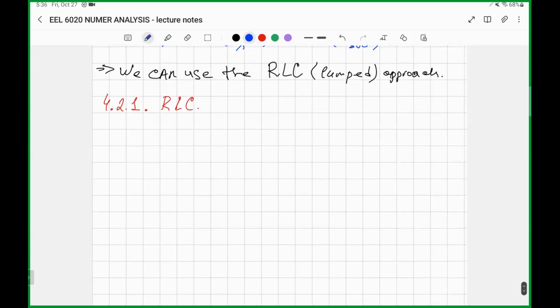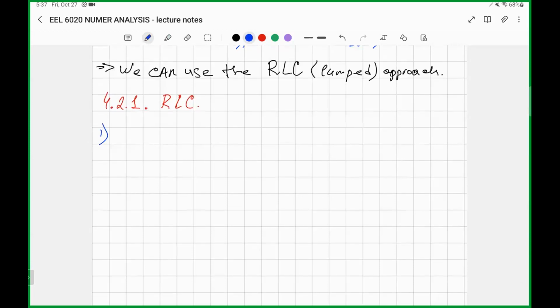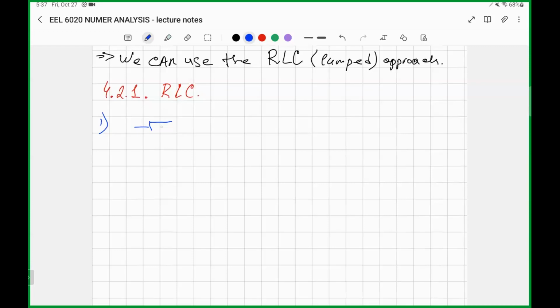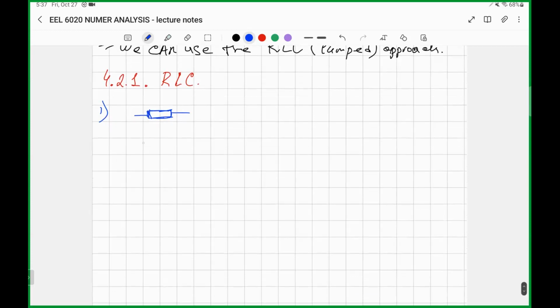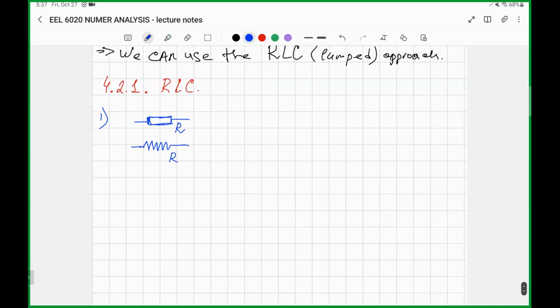So the first lumped element I want to talk about is the simple resistor, right? It can be denoted by this rectangle, or usually by this meander line like this. The parameter of a resistor is R, resistance. In a circuit, this resistance gets a voltage drop, so basically we can measure the voltage across this element.